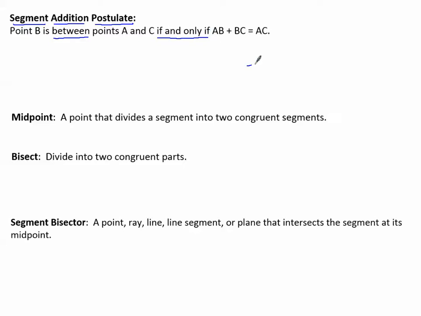Let's take a look at a picture to illustrate the segment addition postulate. On a line, let's put points A and C and B somewhere between them. Notice I didn't show it exactly in the middle because that's not what between means. Between doesn't mean it has to be right in the middle.